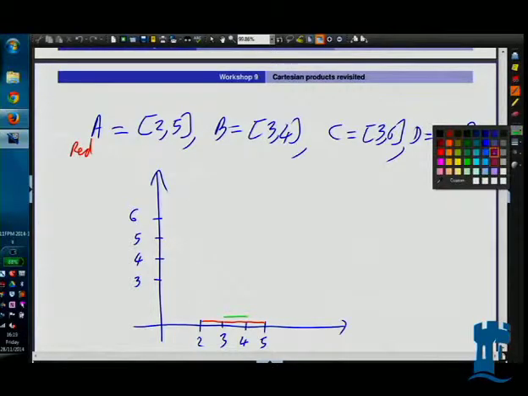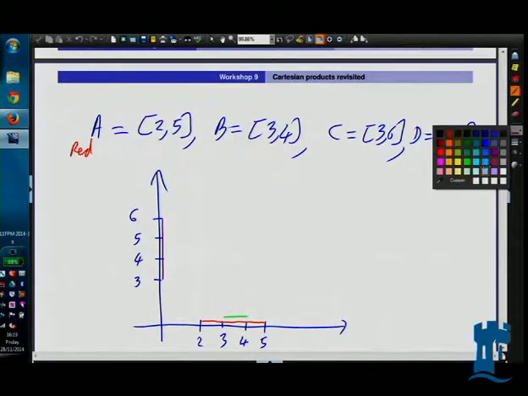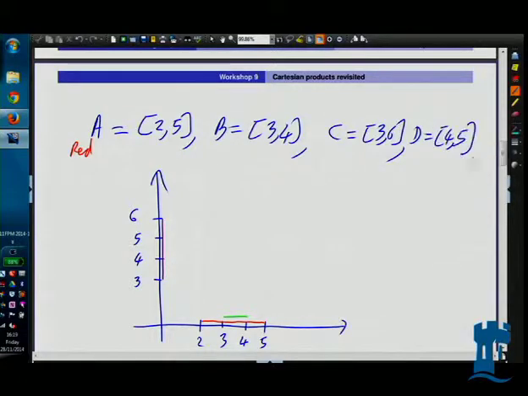Let's see. C is going between 3 and 6. I don't know what colour that is. And D is going between 4 and 5. So there's D. Right.